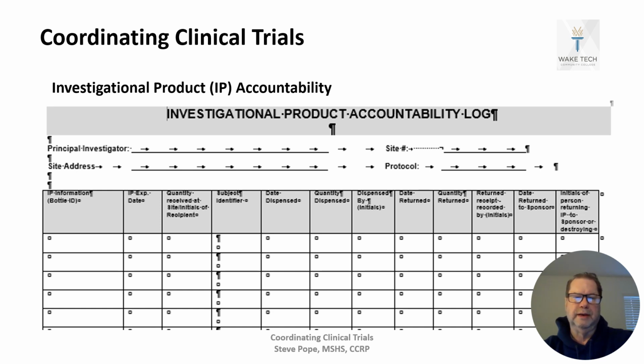So this would be an example of a pretty typical IP accountability log. You just want to make sure you account for each item along the way. And this is going to be kind of a living document because it's going to take a while to get all of those columns populated in the log.